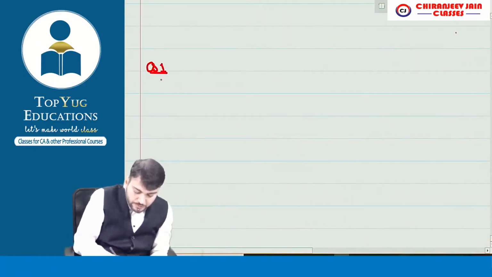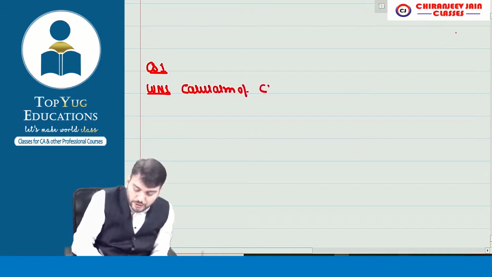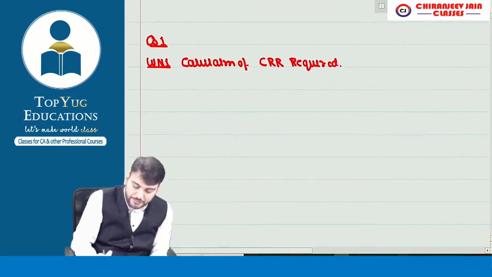We are doing question number 1. Working note number 1: calculation of CRR required. Correct?